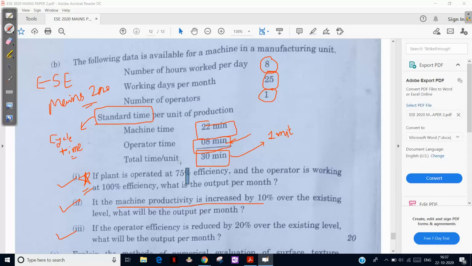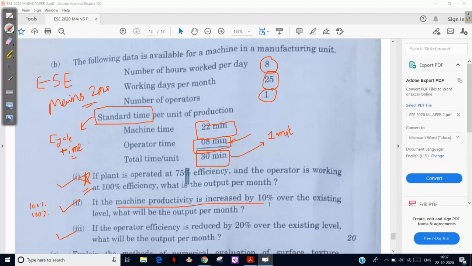That means here the plant is operated at 100% efficiency, and the operator is also working at 100% efficiency, so the operator time is 8 minutes. But machine productivity is increased by 10%, that means the cycle time for machining will be reduced by 10%.